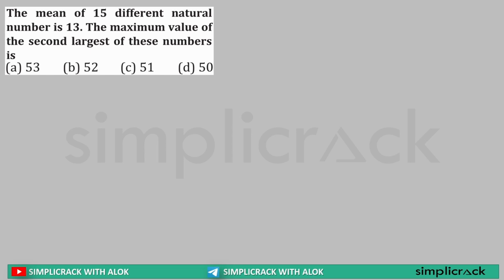The maximum value of the second largest of these numbers is what? Now understand this. If 15 natural numbers are there and their mean, that is their average, is 13, so the total value is what?